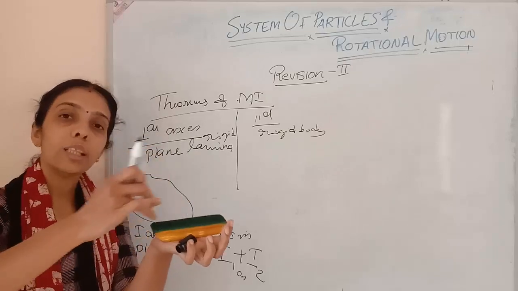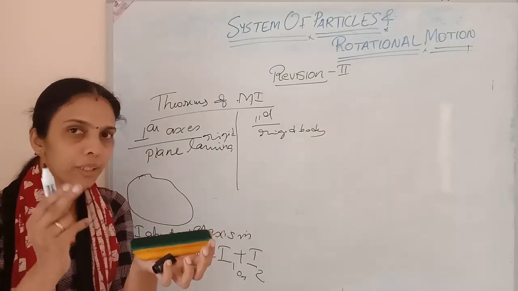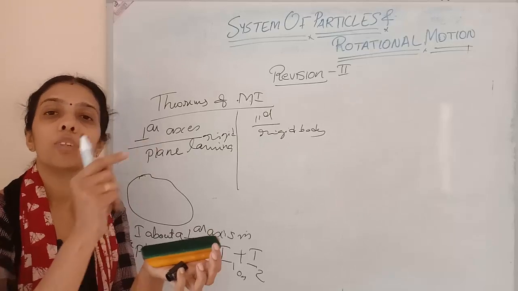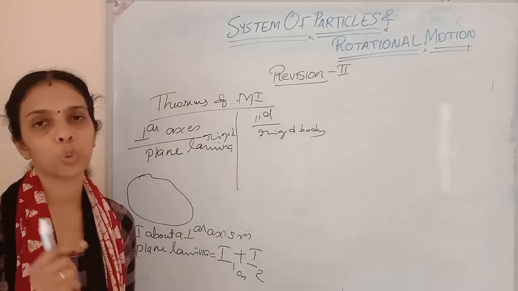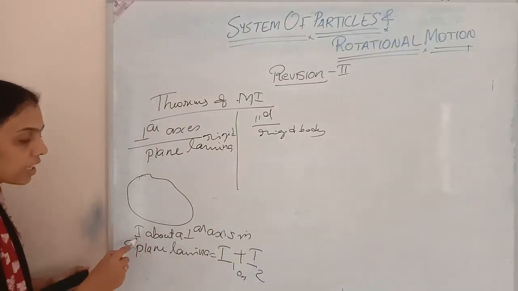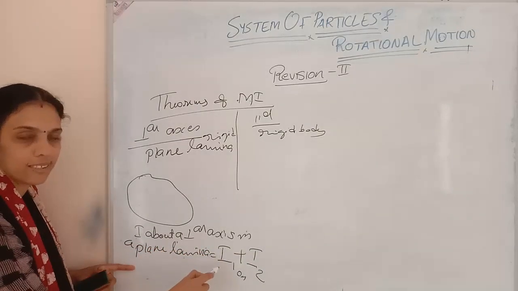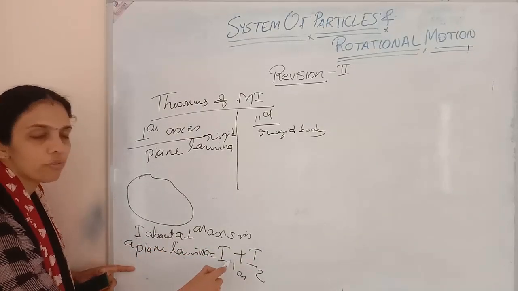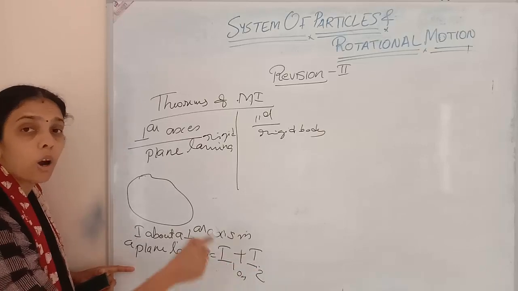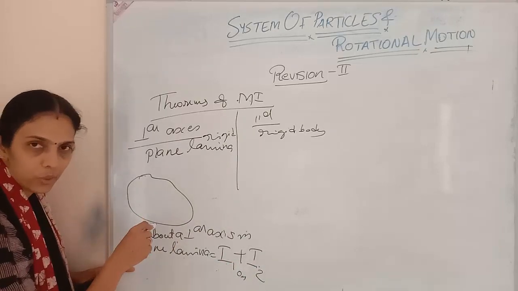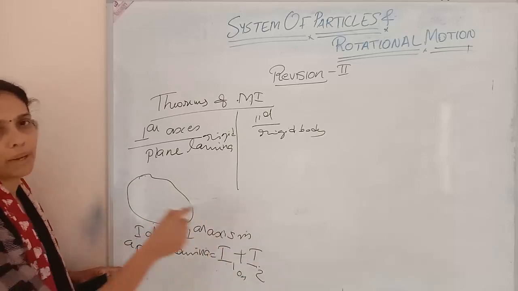Okay, so on the plane lamina I have considered two perpendicular axes, right? Sum of the moment of inertia through those two axes. Moment of inertia about a perpendicular axis on the plane lamina is equal to the sum of the moments of inertia of the concurrent axes on the plane lamina.